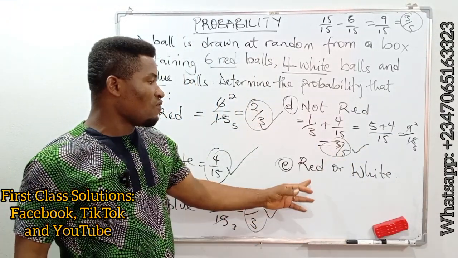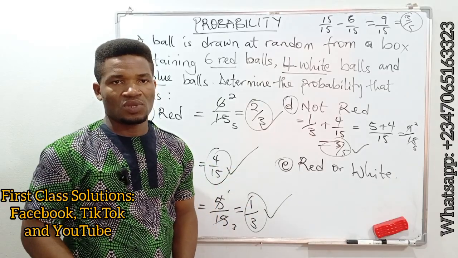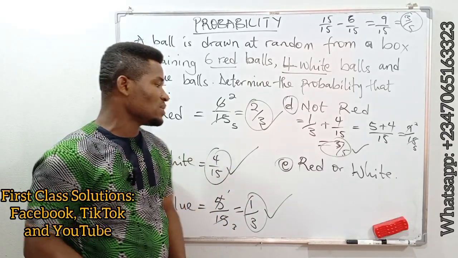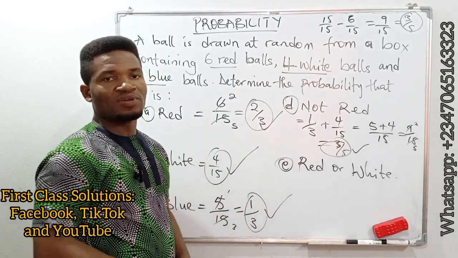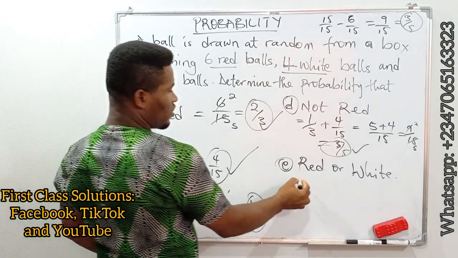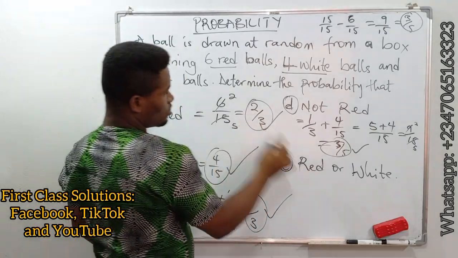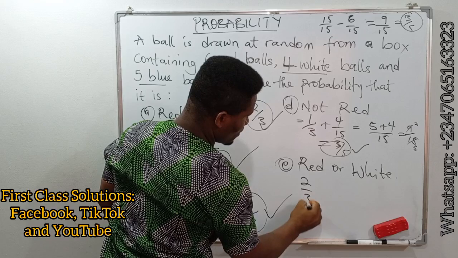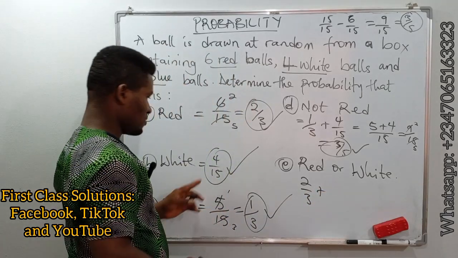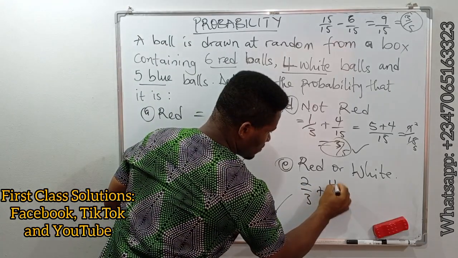The probability of red or white is the probability of red plus the probability of white. So the probability of red is 6 over 15, which is 2 over 3, plus the probability of white, which is 4 over 15.